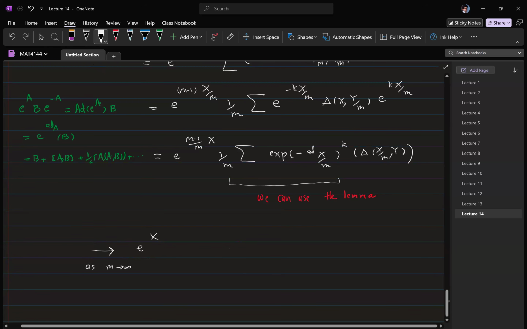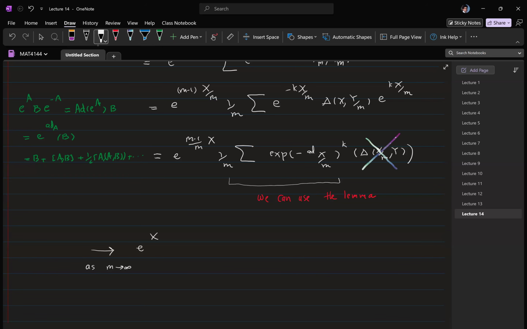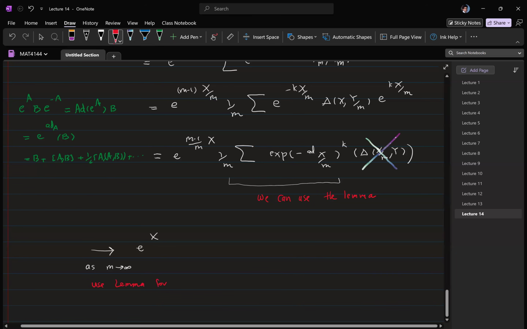Then this 1 over m times blah, blah, forgetting this part, you have the lemma. So maybe I just write: use lemma for z equals add x. Then you end up with the right-hand side of the lemma, which is 1 minus e to the minus z, where z is now this add x, divided by z, which is add x.